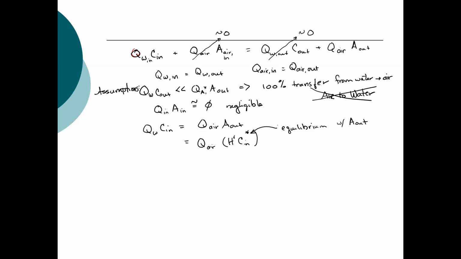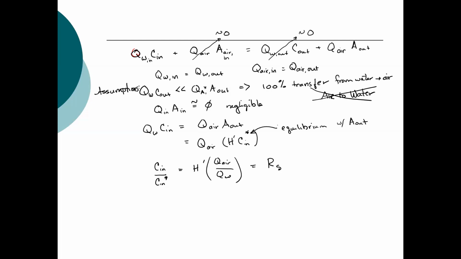This means we can now write an expression that C in divided by C in star, that equilibrium concentration, is equal to H prime Q air over Q water. This term is referred to as the stripping factor.